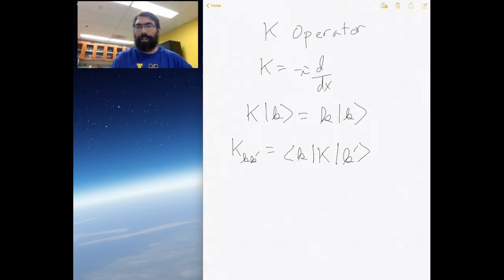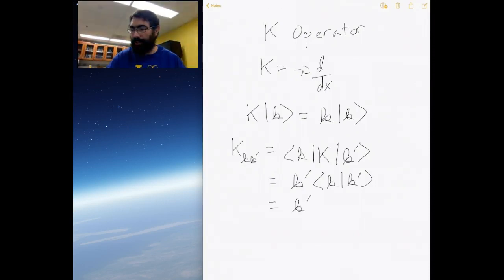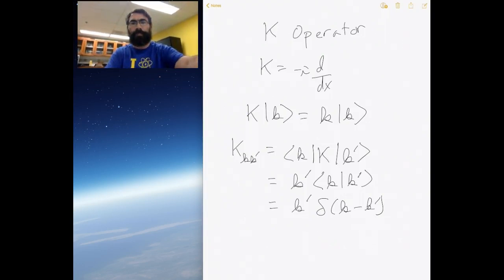And since this is an eigenvalue problem, I can have the eigenvalue K prime times the inner product of K and K prime, and that gives me K prime times the delta function of K minus K prime. So that's that matrix element operating in this K space.